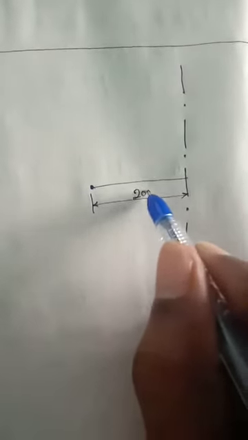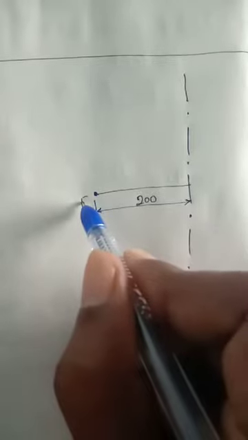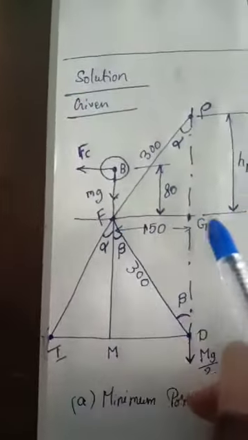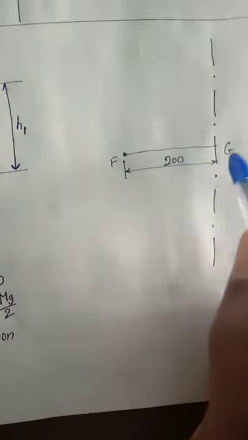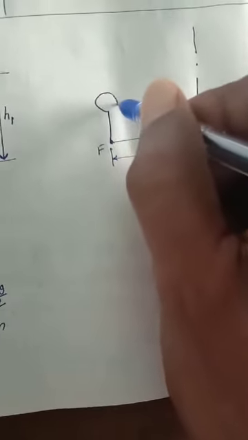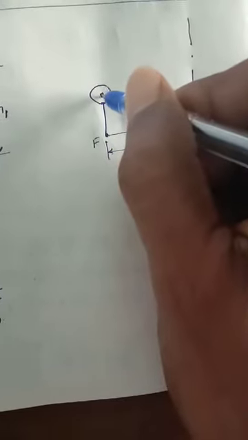This is 200. Look here, the F G distance is 150 here, and now here the F G distance is 200. So this is for the maximum distance, and all the remaining things are the same.